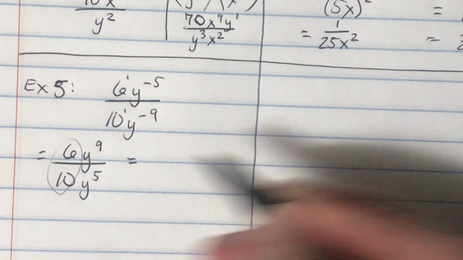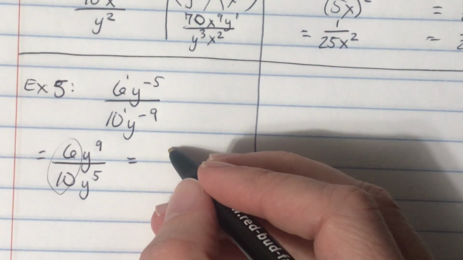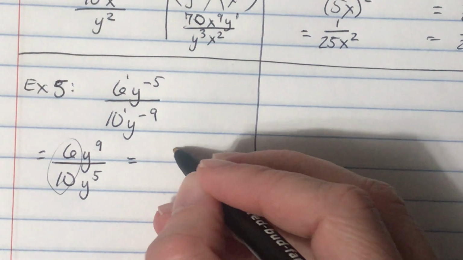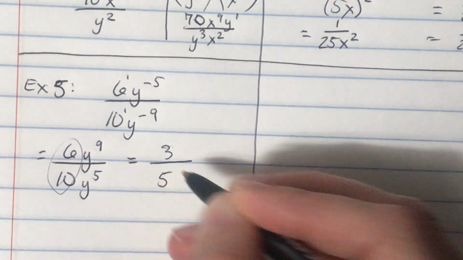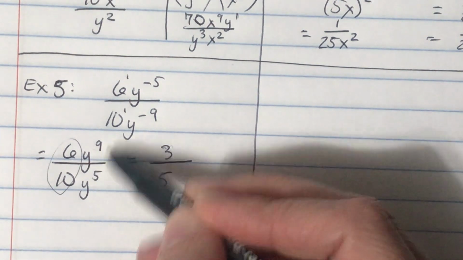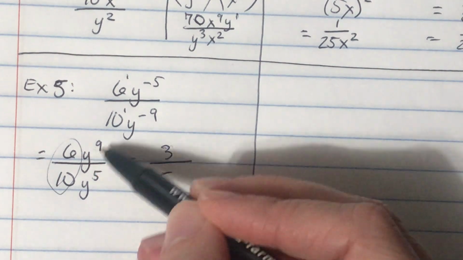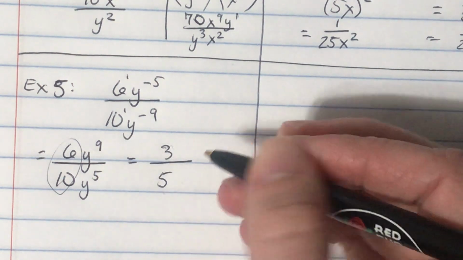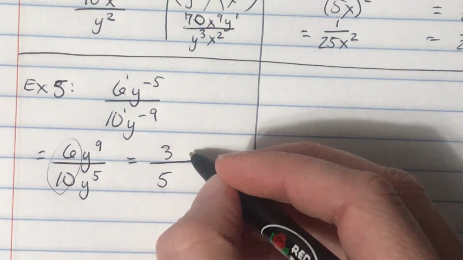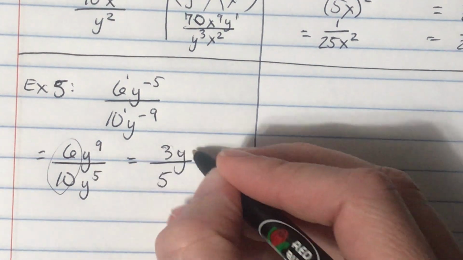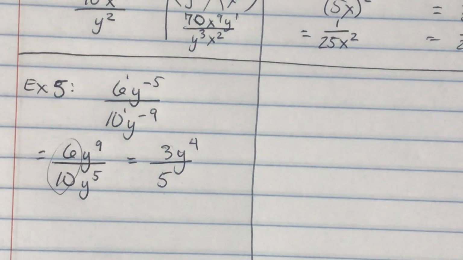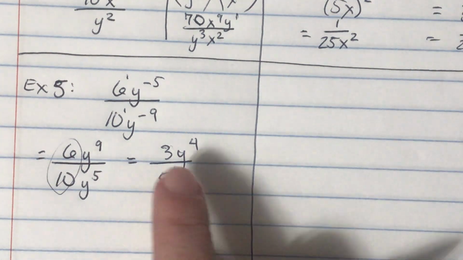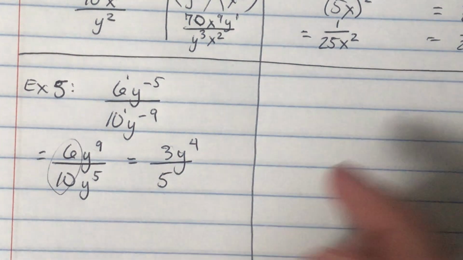So think about 6/10 as a fraction. 6/10 will simplify, and that becomes 3 over 5. And then we need to simplify our y's by subtracting exponents. And so y to the ninth over y to the fifth, 9 minus 5 is 4, and it's going to end up at the top because there are more on the top. So 3y to the fourth all over 5 would be your final answer.